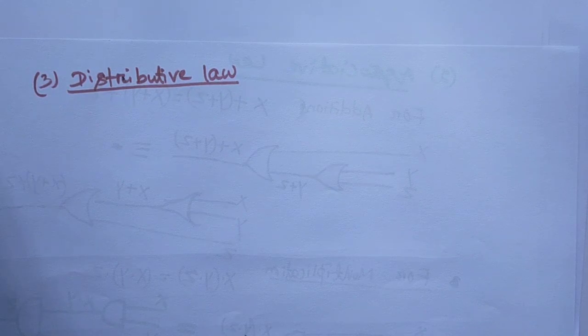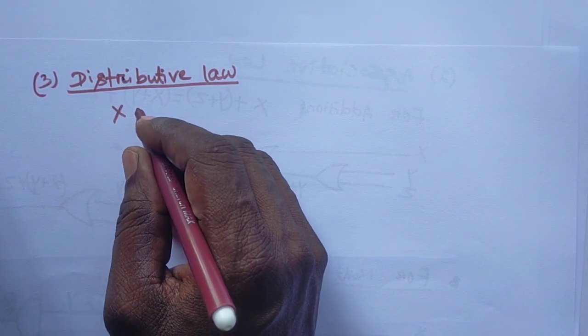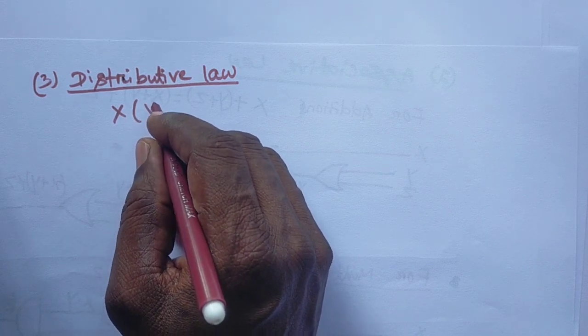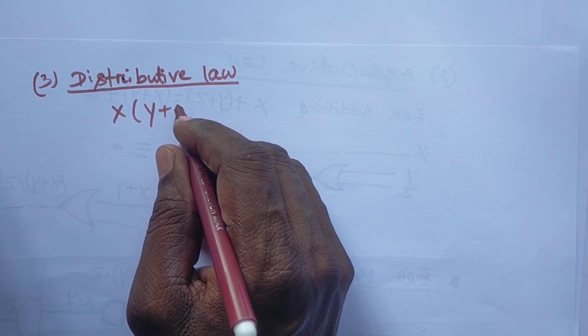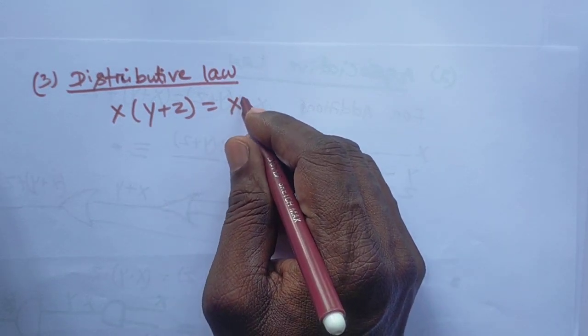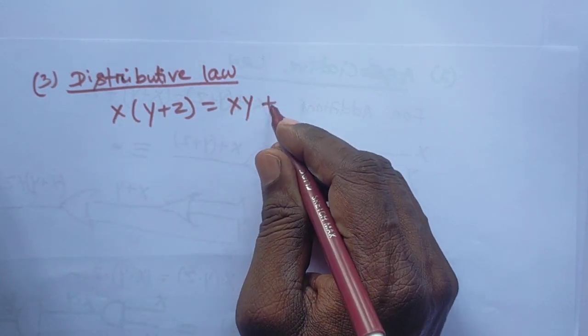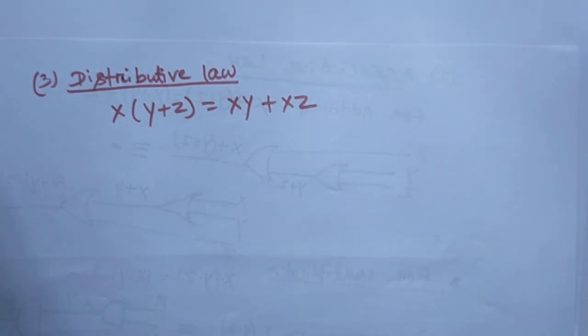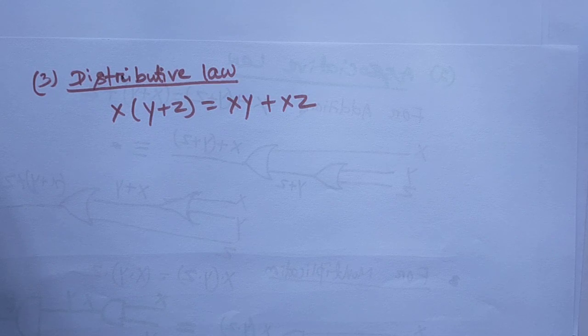Distributive law means x into y plus z is equal to xy plus xz. We have to prove it like this. X into y plus z is equal to xy plus xz.